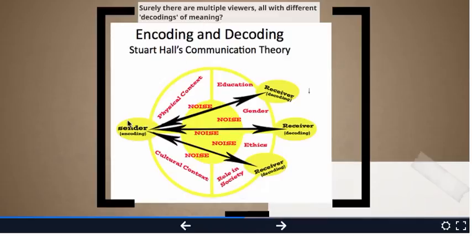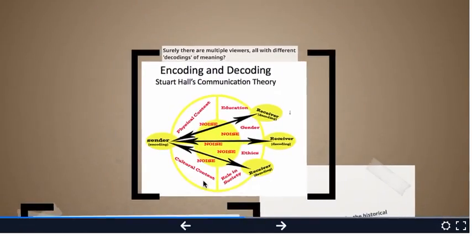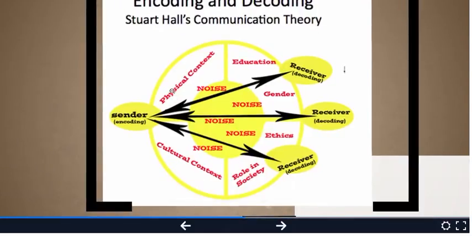So the sender, that might be the artist putting something into an art object, and then they will go off to the receiver, three people here decoding, and the meanings they read in that particular object is going to be dependent on education, gender, ethics, their role in society, the cultural context of the object, and the physical context in which it's being viewed. So have a think about that, and again, see how far you agree with that. Is it complex enough?